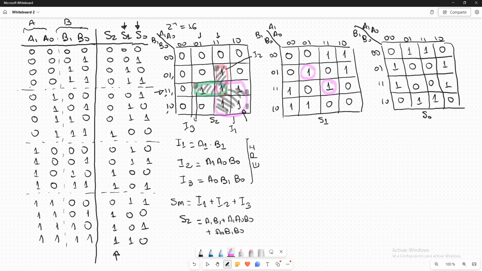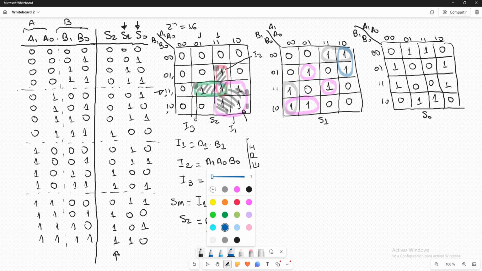So we have as well this one, and this one. Okay, and in the upper right corner we have this one and this one. So we have covered all the ones of the function with prime implicants. We don't have more prime implicants.